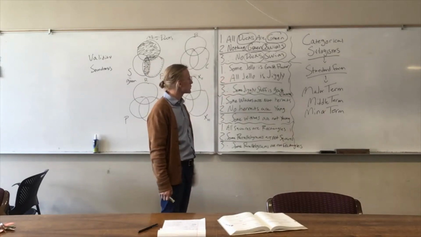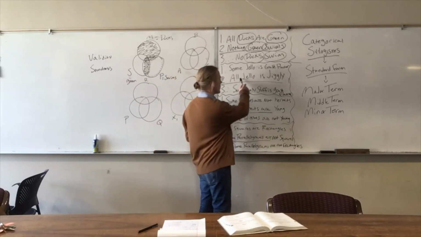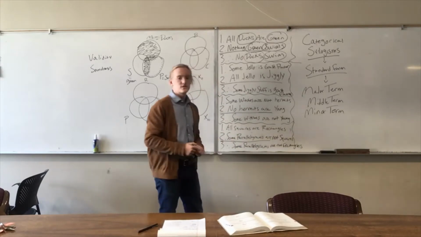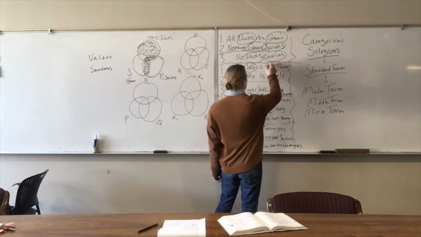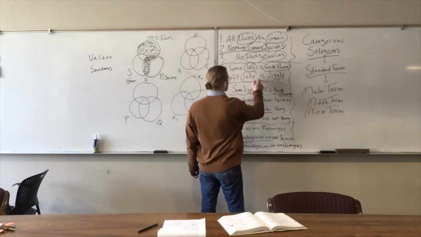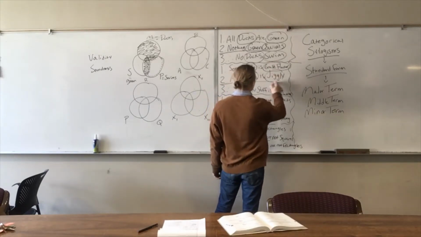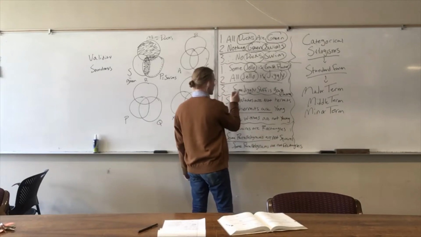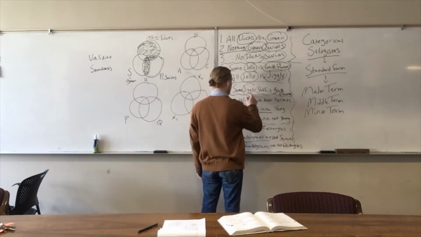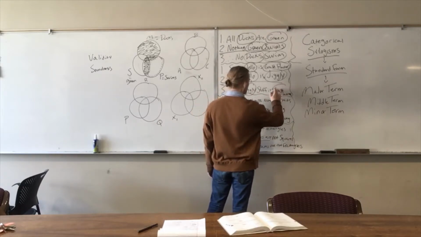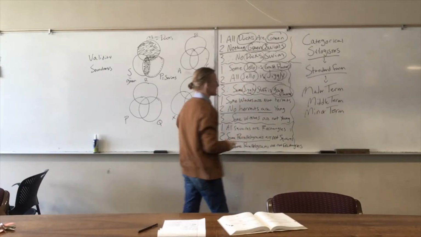Some Jell-O is grape flavor, and all Jell-O is jiggly. So we're going to mark out our terms here: Jell-O and grape flavor. Again, Jell-O, and jiggly. And then our conclusion, therefore, some jiggly stuff is grape flavored. So I'm going to circle jiggly and grape flavored.